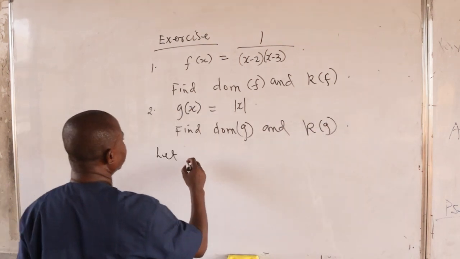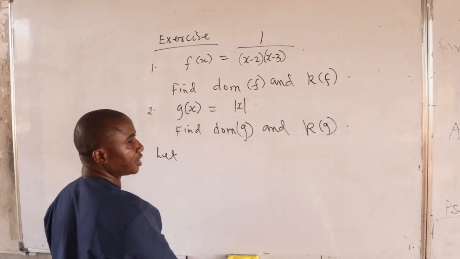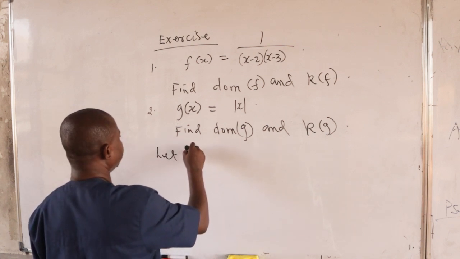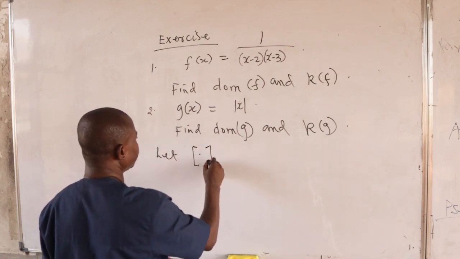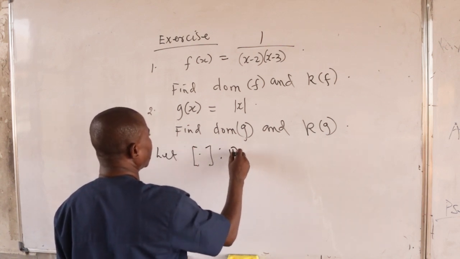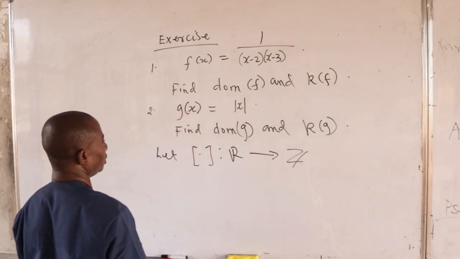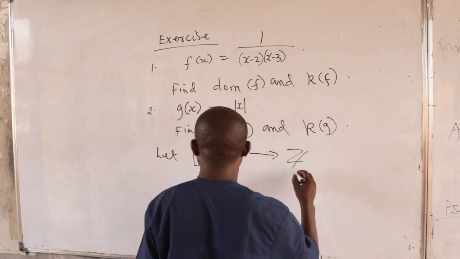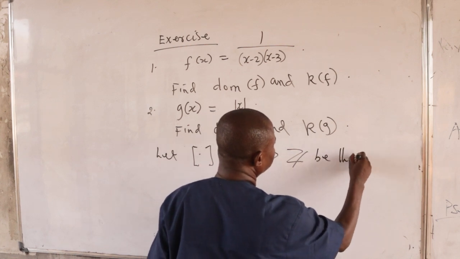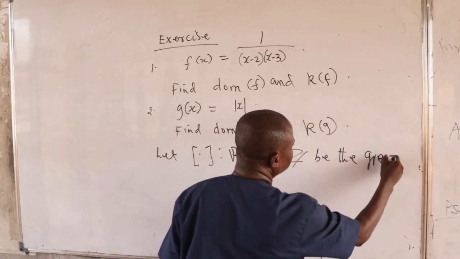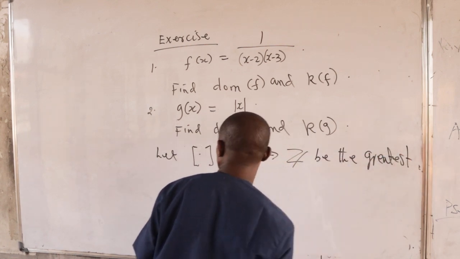Let us consider the greatest integer function we have learned. It is the function we denote by this, defined on R into Z. The greatest integer function.